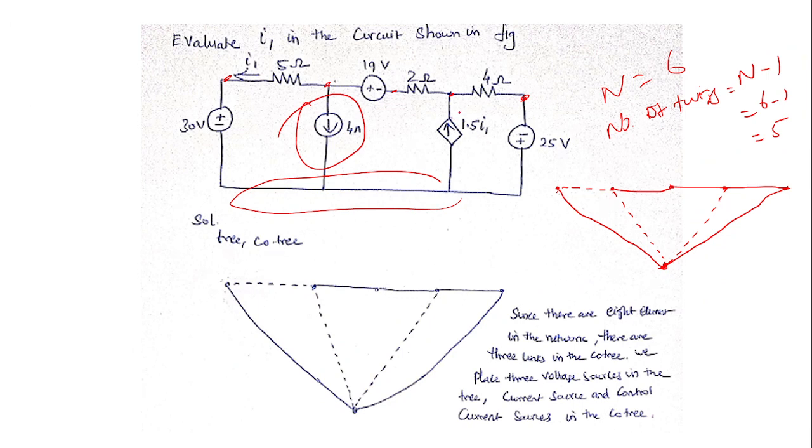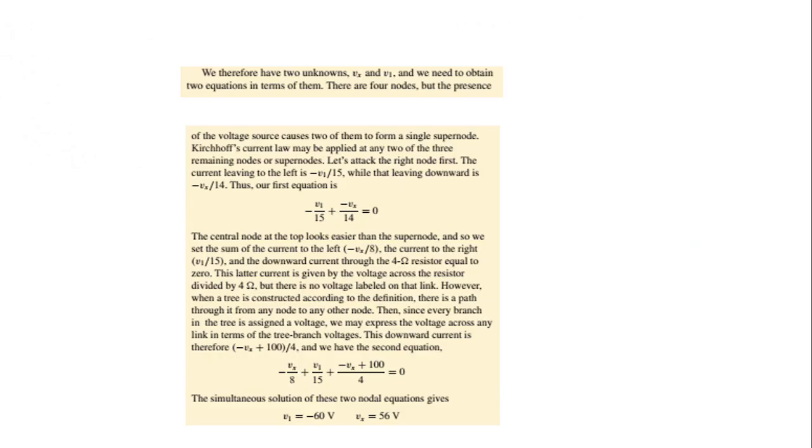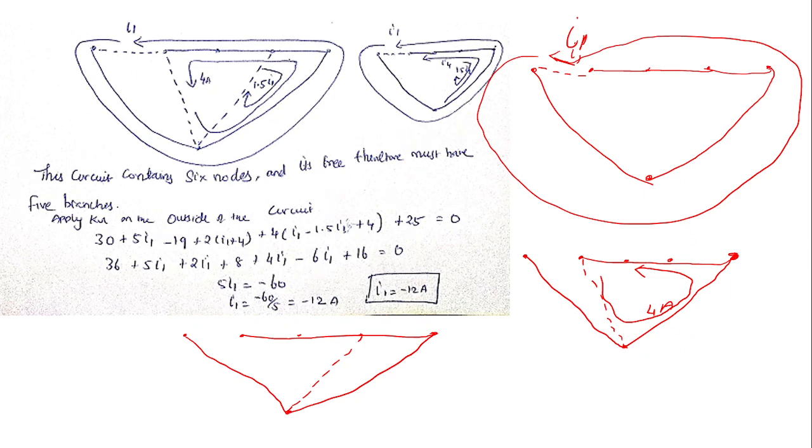So that is this 1.5 I1, which is in upward direction. It is flowing in this direction in this loop, clockwise there. So I will consider that. So 1.5 I1 is a current.